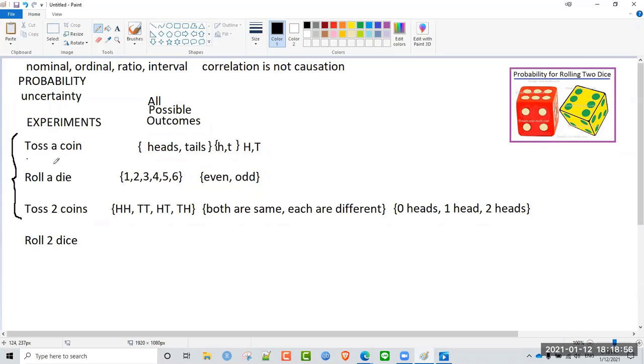And once we identify an experiment, then we can list the outcomes, like this one, or this one, or this one. All right? So once we have the experiment, we can think about the outcomes.